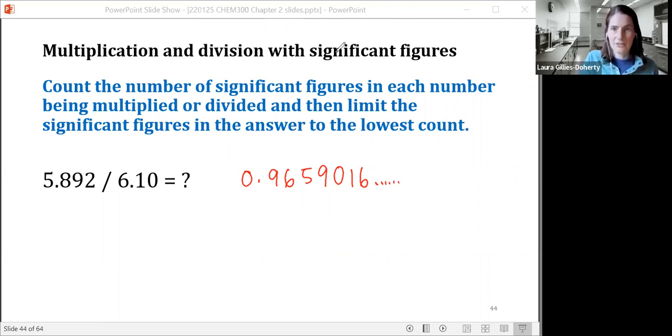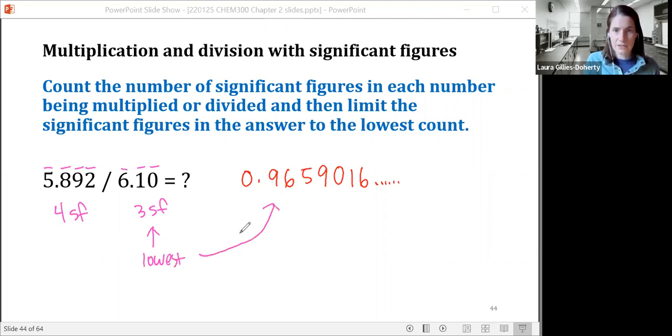And so we need to count the sig figs in each of our values and then limit the final answer based on those counts. So here we have 1, 2, 3, 4 sig figs. And here we have 1, 2, 3 sig figs. This is the lowest.